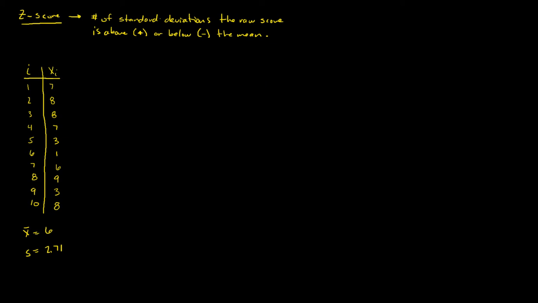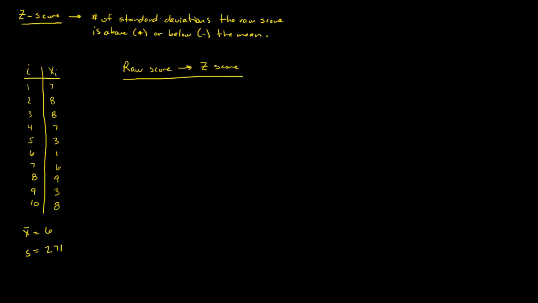So let me start by throwing out the formula. To go from a raw score to a z-score, we're going to use the following formula.